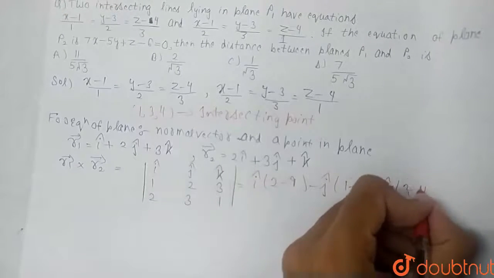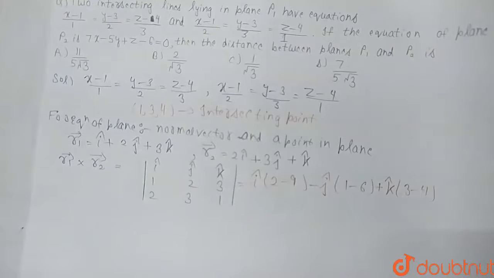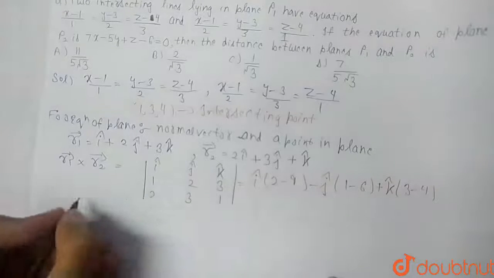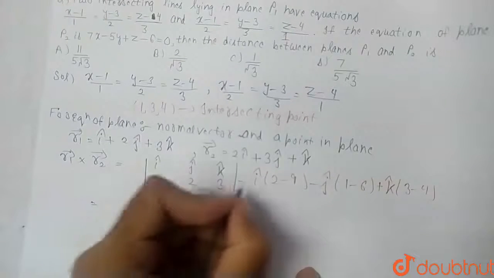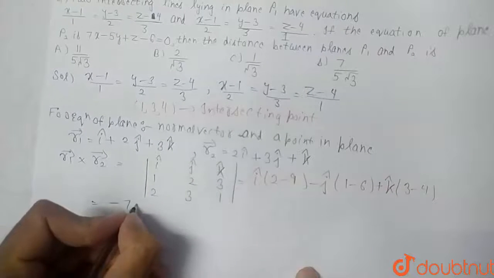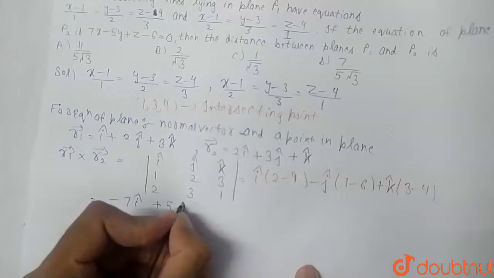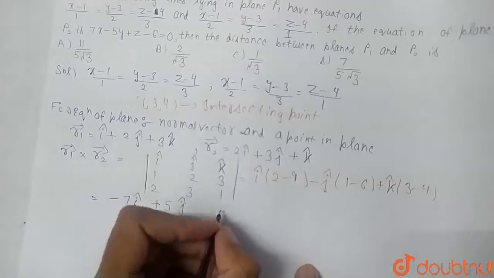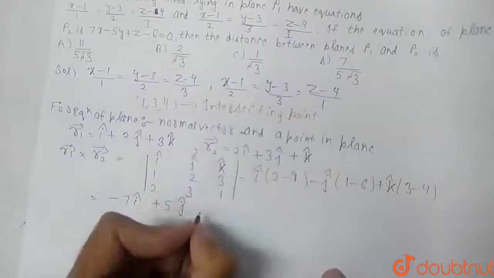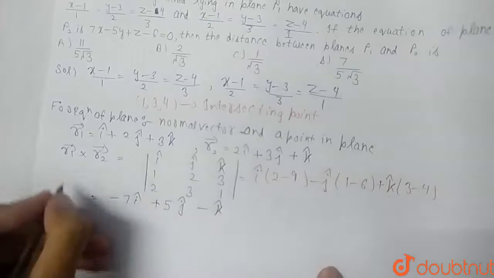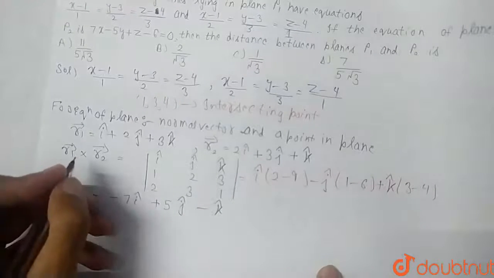So this equals minus 7 i cap plus 5 j cap minus k cap. This is the value of r1 cross r2 vector.